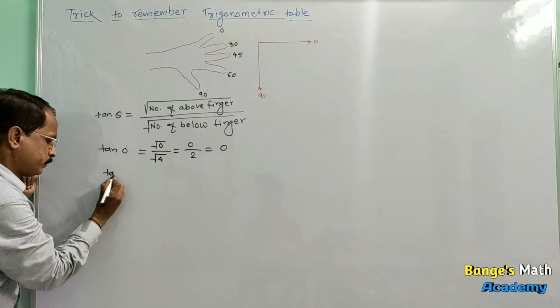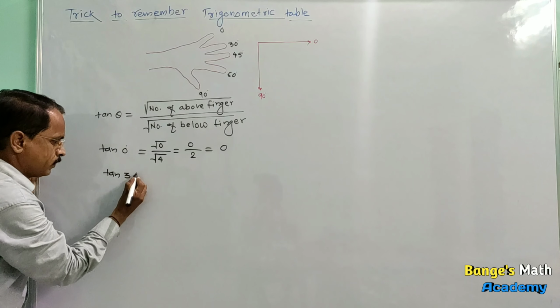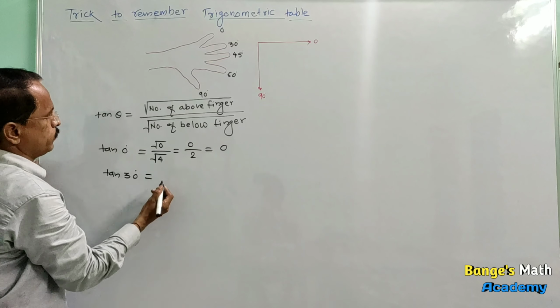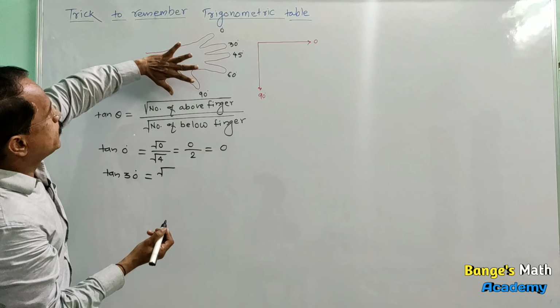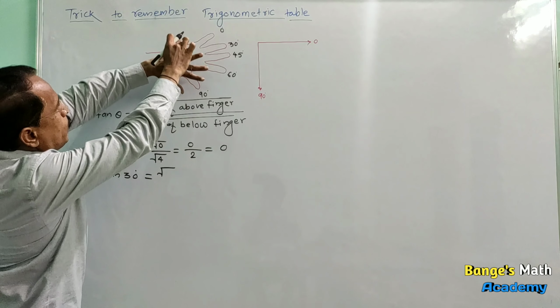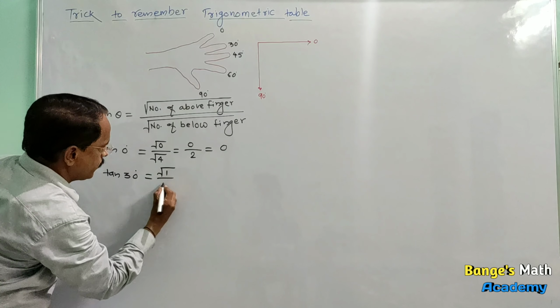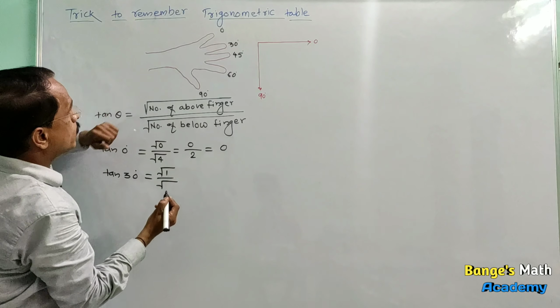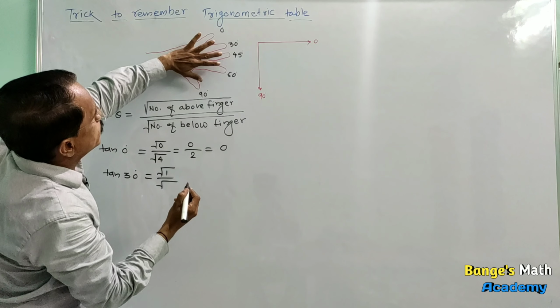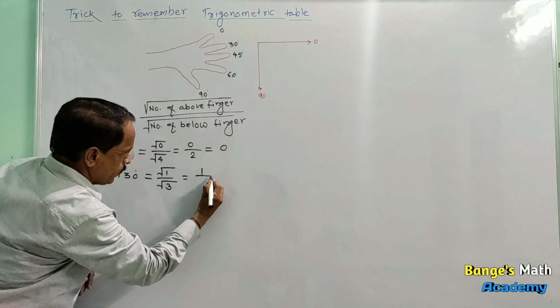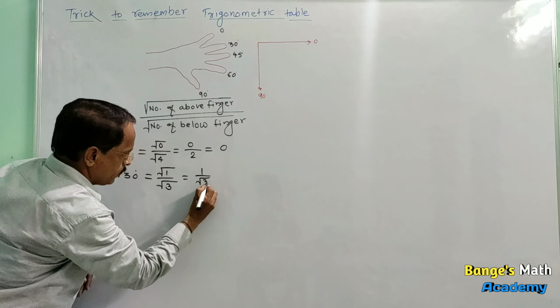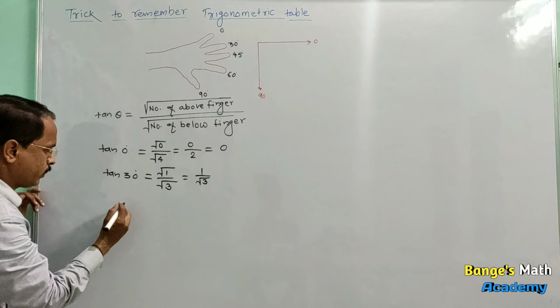Then tan 30 is equal to square root of number of above finger 1 upon number of below finger 3, square root of 1 is 1 upon root 3, 1 upon root 3.